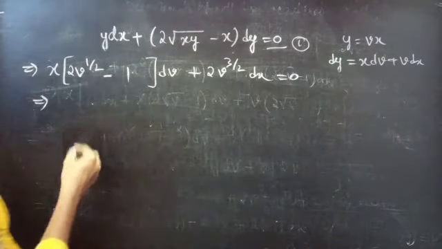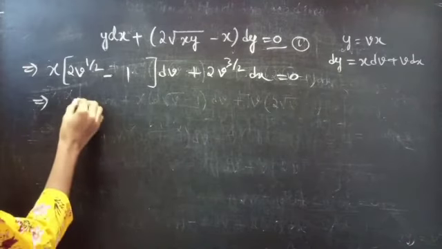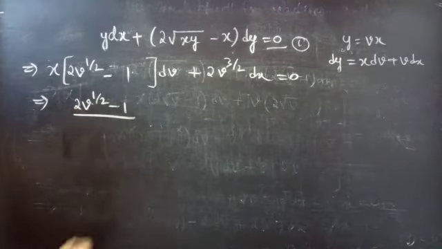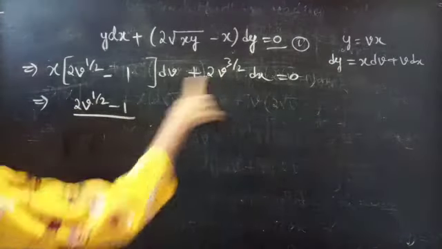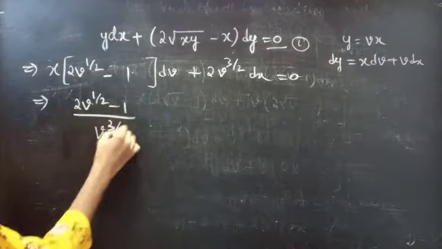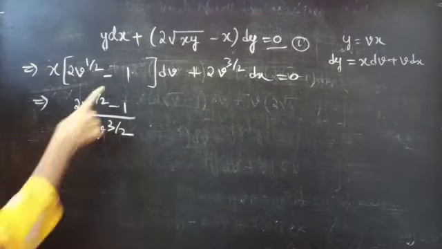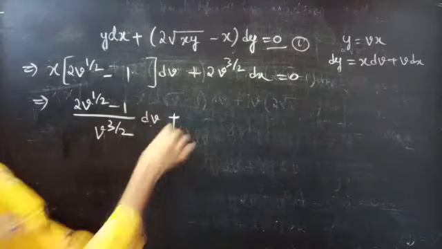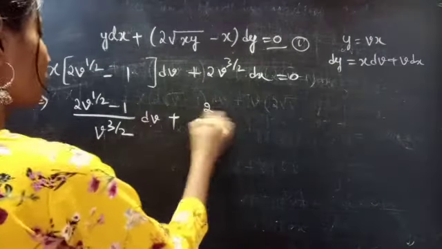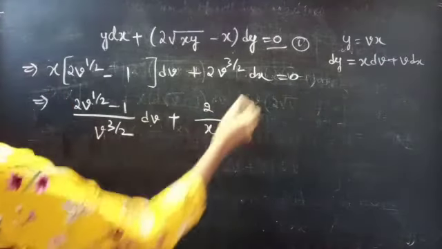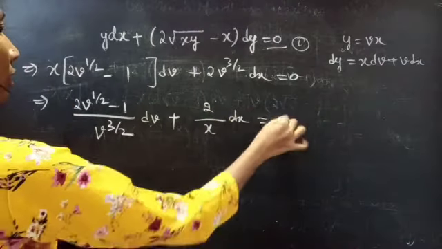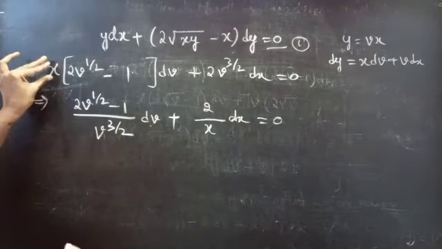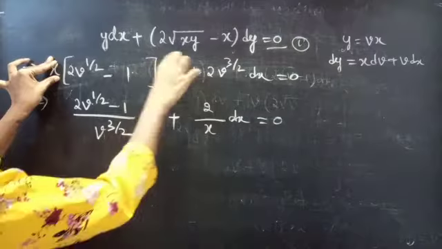See, 2 v power 1 by 2 minus 1 by v power 3 by 2 into dv plus 2 by x into dx equals to 0. It's simple, right?